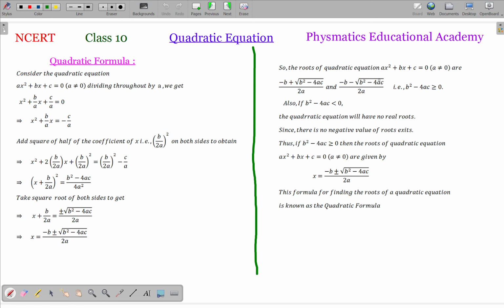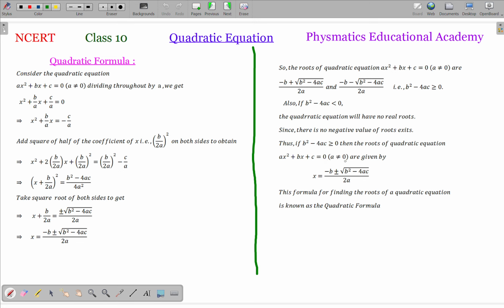Negative values are not possible to take the root of. Therefore b square minus 4ac must be greater than or equal to 0 for the equation to have real solutions. Otherwise, if it is negative, the solution is not real.